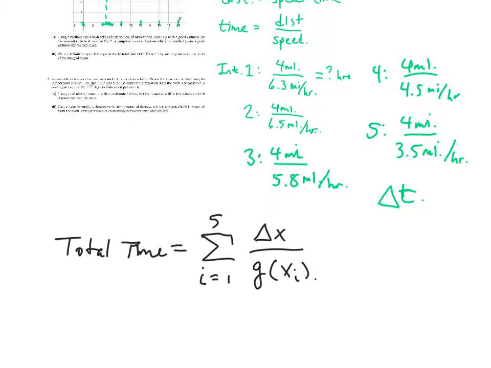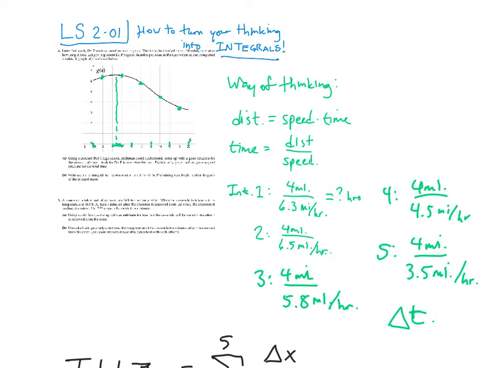Now remember, what is that g? That g was the name of this function that represents how fast I'm moving after x miles run.